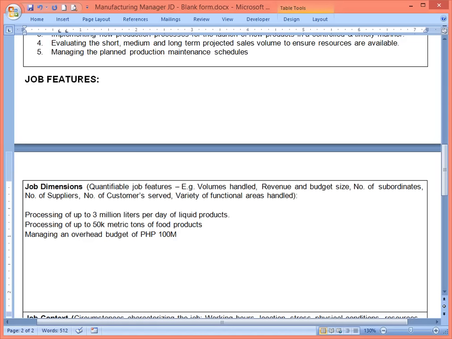Okay. What else will we add here in the job dimension? You try to make a very attractive job dimension, especially if this is a new job and you're writing the job description for the first time, and this job description will undergo the job evaluation. Then you make it look good for the evaluator. When you're talking about figures, this will attract the evaluators.